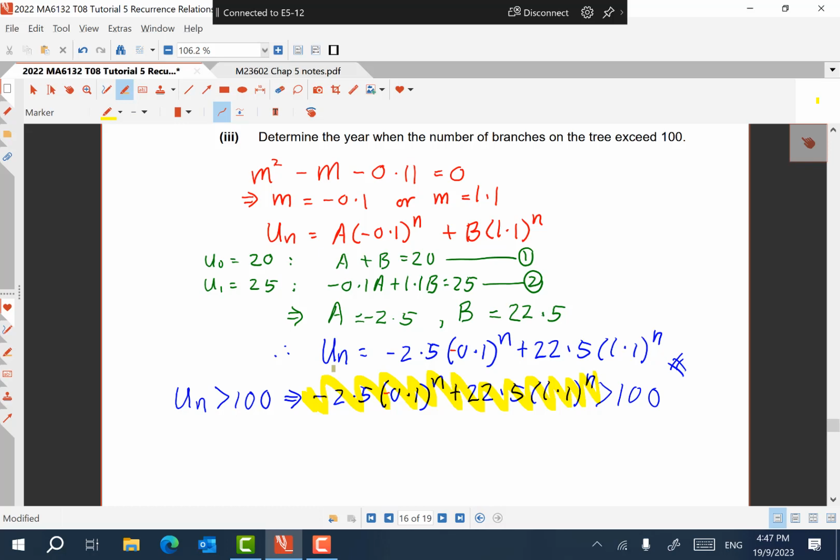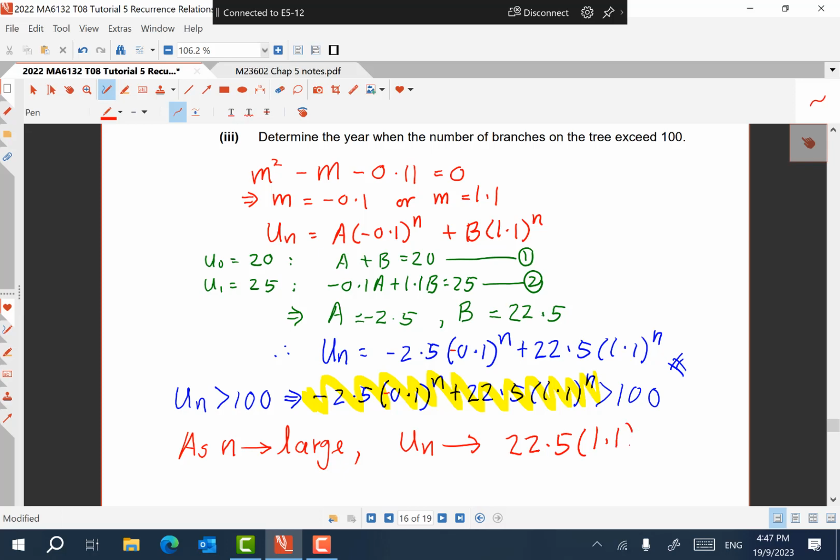If you want to do this by calculation, you want to observe that as n goes to infinity, or as n gets large, u_n goes towards what? Agree? If n is large enough, the other term will diminish very quickly, even as small as 10.